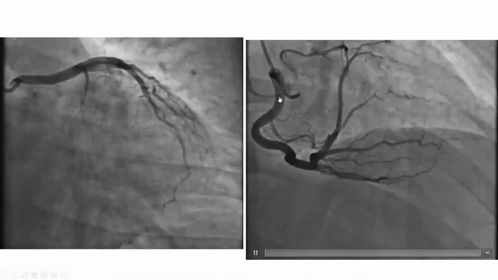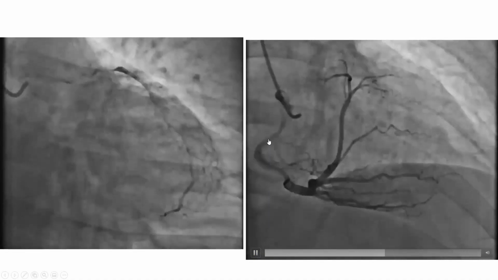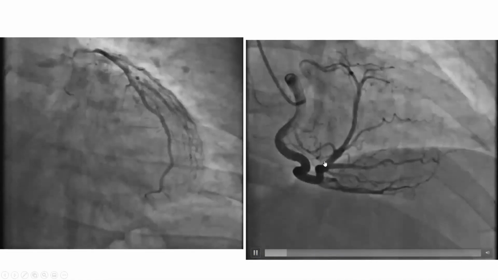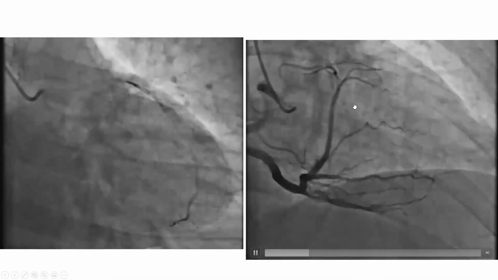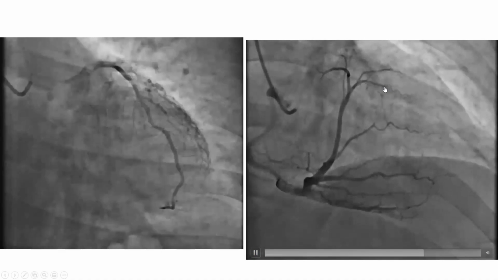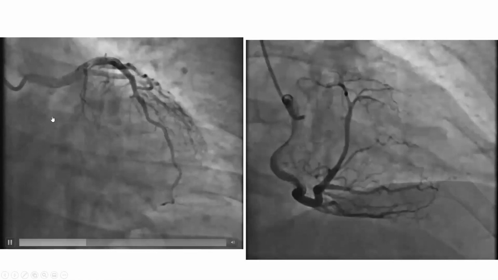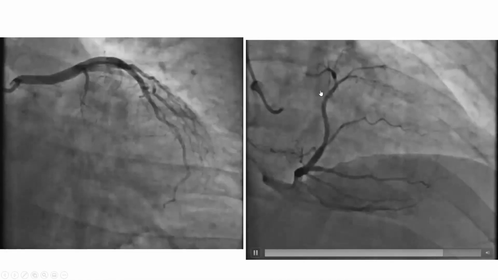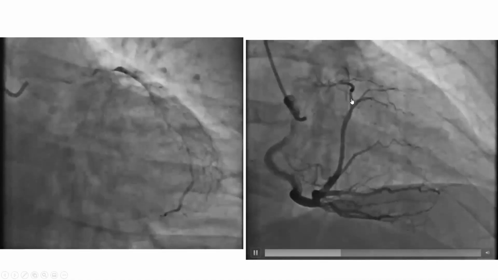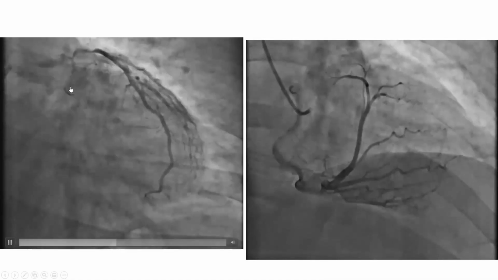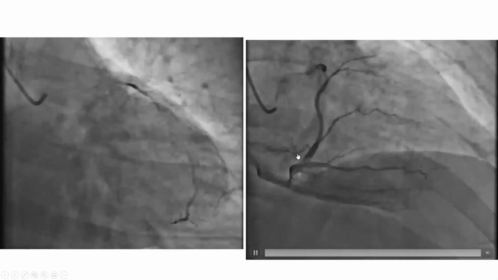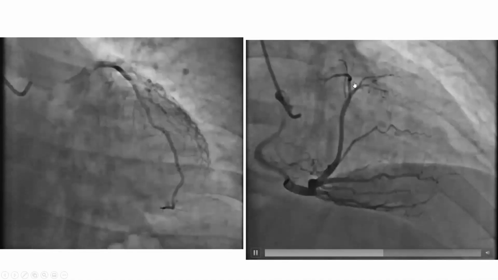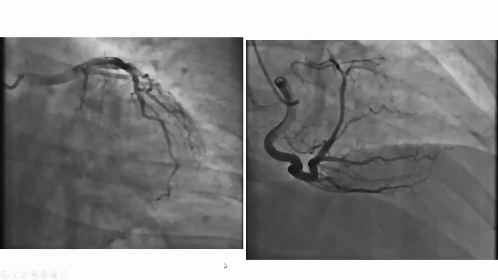That RCA, in an RAO view, is going all the way down, and distally, the AV groove RCA is going all the way back up in the left AV groove and is giving obtuse marginal branches. So much so that if you superimpose those views in an RAO view, that RCA goes all the way back almost to the left main. It's practically a circumflex that's coming as a distal continuation from the RCA. Very, very rare.